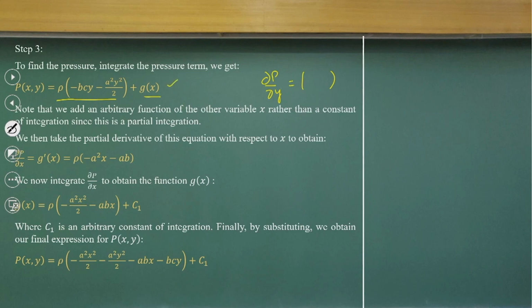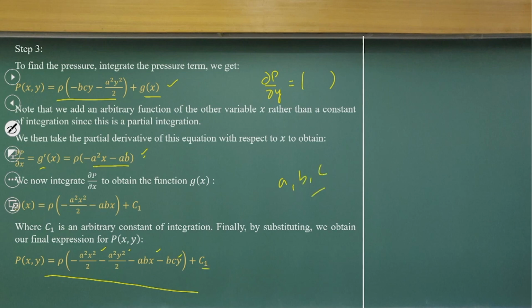So, that g x you can get by taking a partial derivative of these functions, and if you substitute the g x value, finally you get a function having second order terms in x square and y square, where a, b, c are constants, and you have an additional c 1 constant.